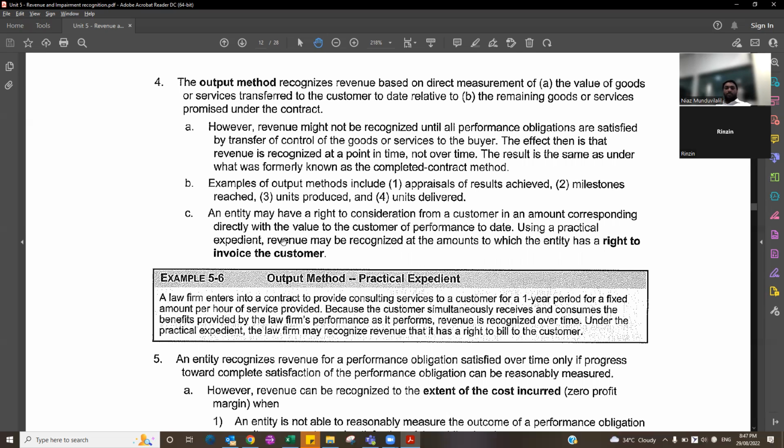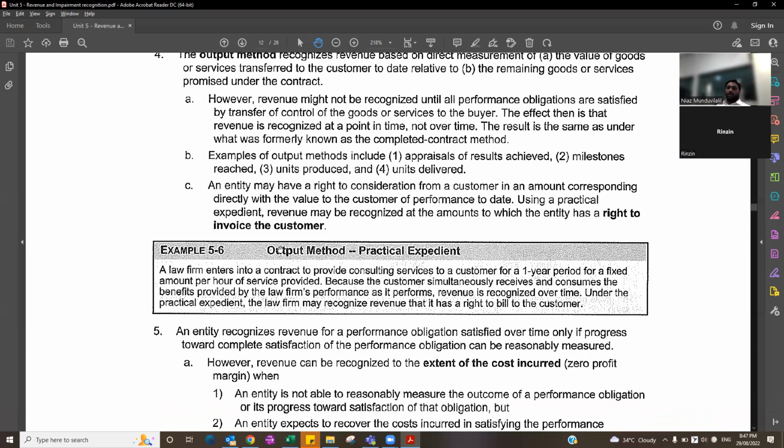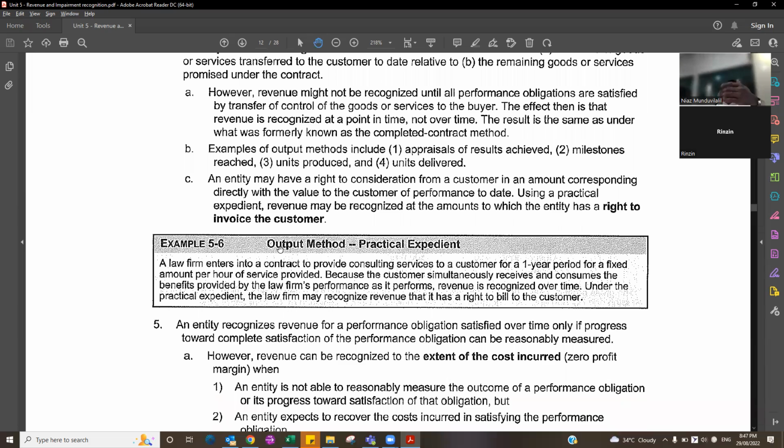Using a practical expedient, revenue may be recognized as the amount to which the entity has a right to invoice the customer. Like sometimes you might invoice your customer on 50% completion or 75% completion. Yeah.